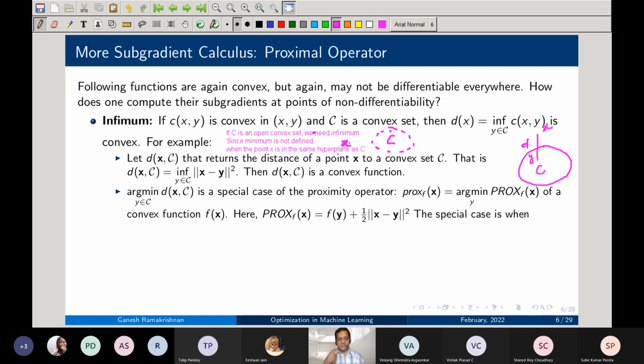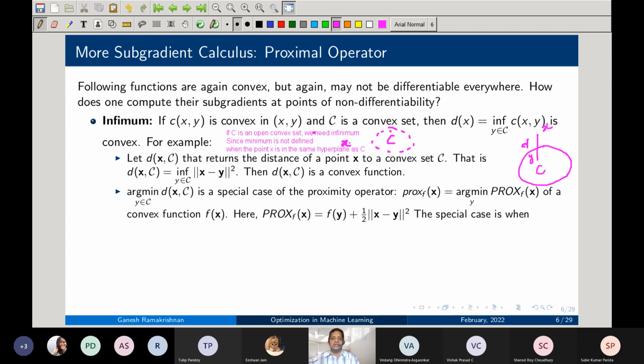So this D is a convex function, and now what do you do with the subdifferential or subgradient? Okay, so this you can write differently. Minimum over x in C of this function can be written in terms of an indicator function.